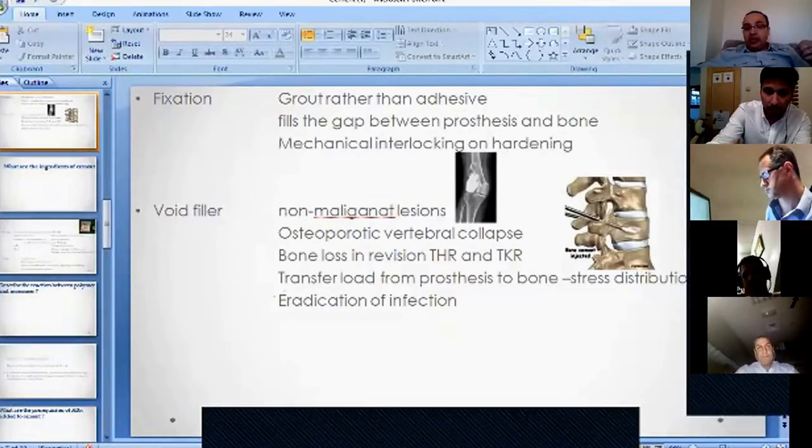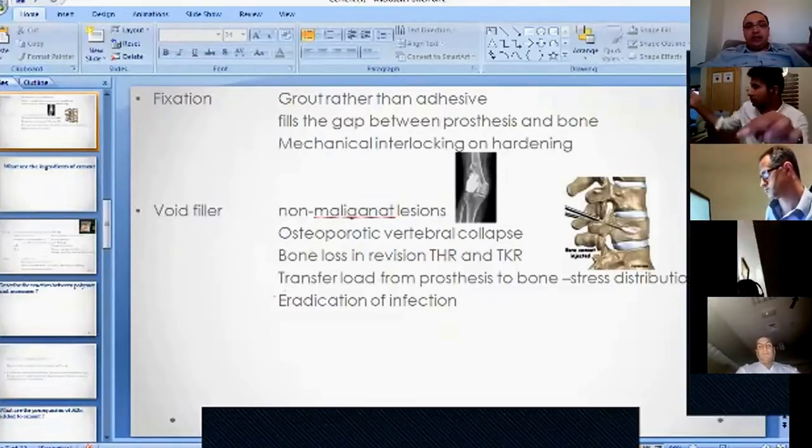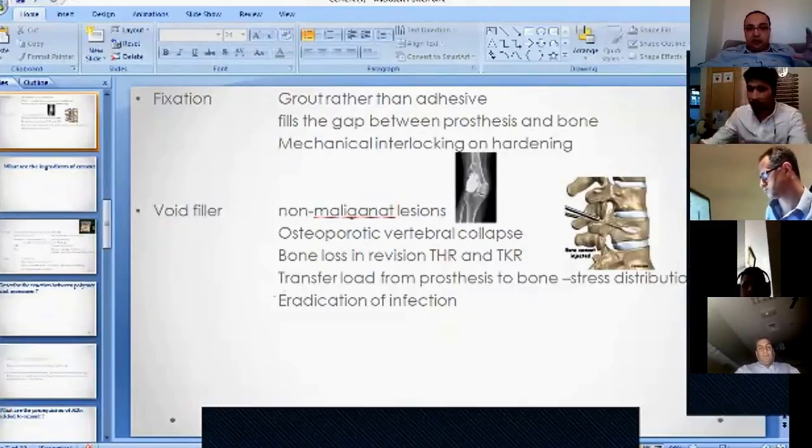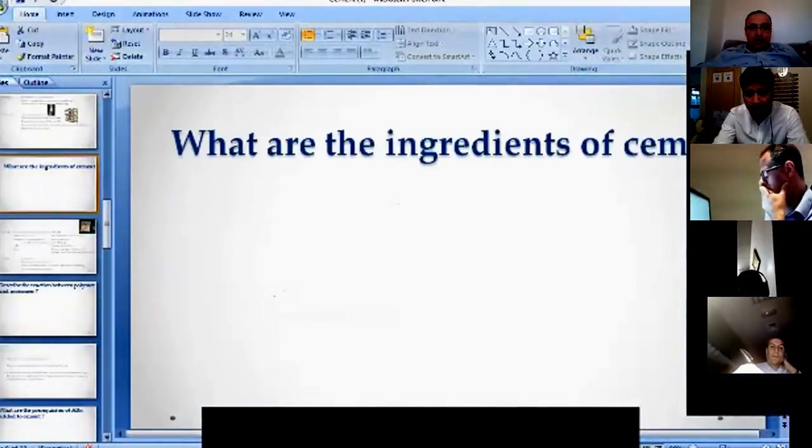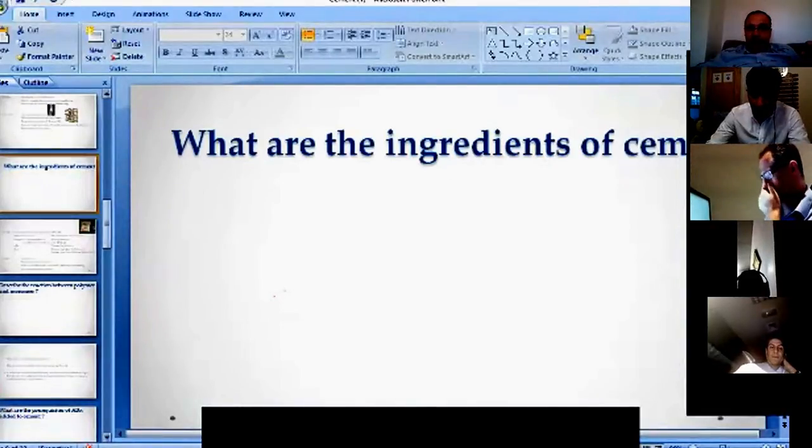Another indication is to treat infection as a void filler if there is an infected cavity in the bone or surrounding soft tissues, using cement beads. These are the main indications for usage of cement, to aid fixation and as a void filler to achieve various functions as we outlined here.